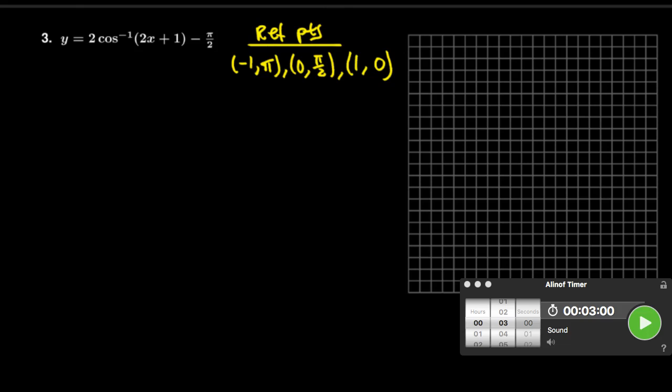Alright, so let's look at how this is going to look. The nice thing about the inverse trig ones is usually there's only... well, okay, sine and cosine. There's only 3 points to deal with.